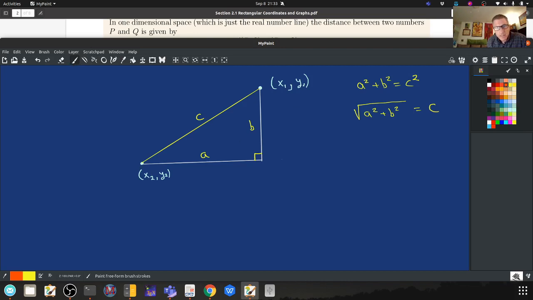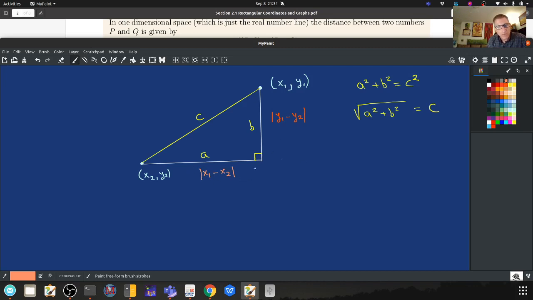Notice that this point here is at y1 above, we'll say above the y-axis, and below it is y2. So the absolute value of y1 minus y2 is equal to my b value. The same over here. If I subtract my x1 value from my x2 value in absolute value, then I have my a value.